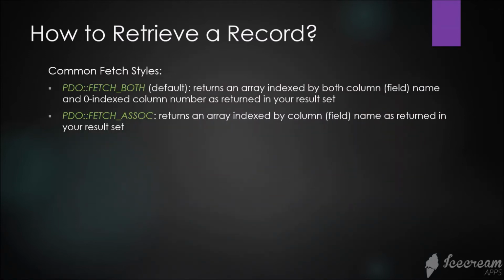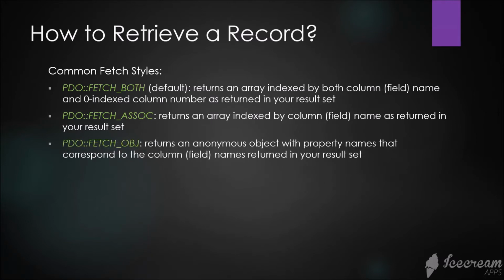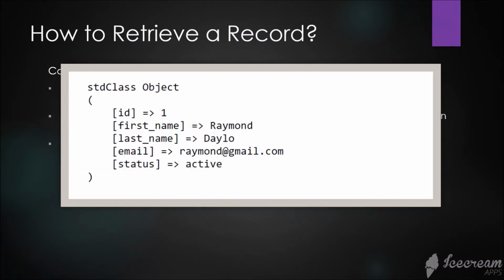It's like an associative array. Then the third one is PDO::FETCH_OBJ. Returns an anonymous object with property names that correspond to the column or field names returned in your result set. So this one is almost the same as ASSOC, but of course, the return value is an object.